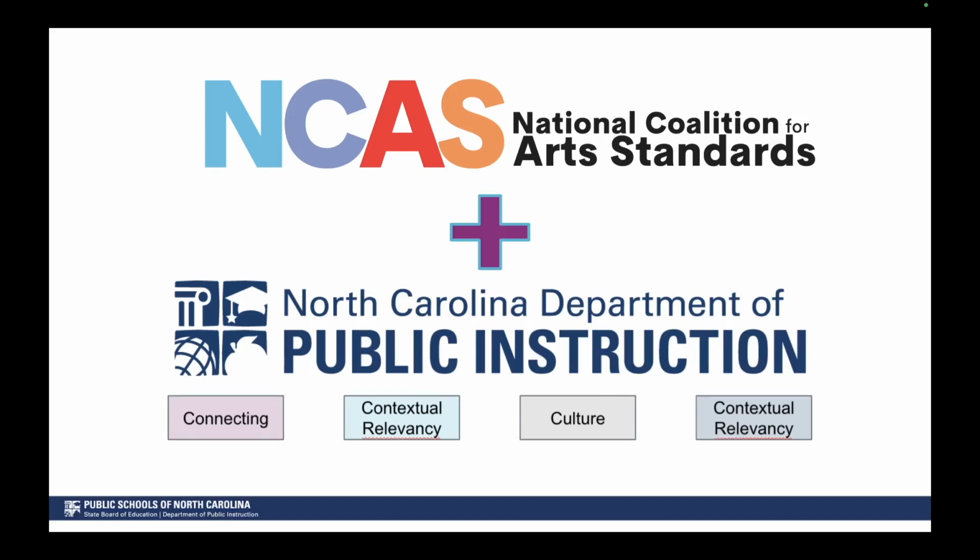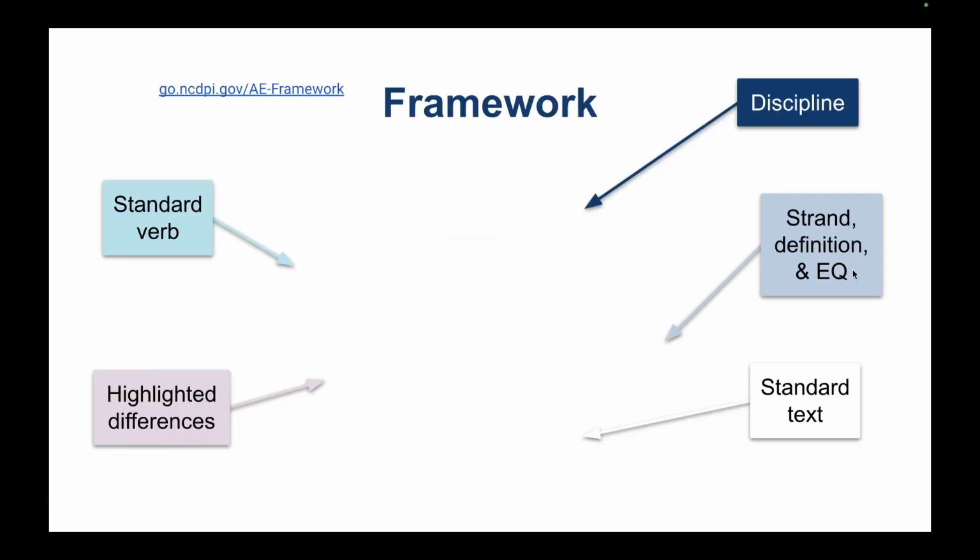And so you can see the boxes down below. We took the connecting from dance, the contextual relevancy from, I believe, music and visual arts, and then culture from theater, and saw that these standards all aligned with what we were trying to say in the new connect strand.